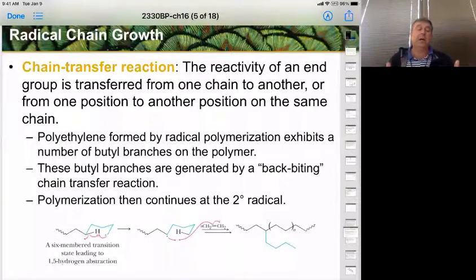All right, questions on the chain transfer reaction? Okay. The driving force is to make a more stable radical, and that tail hanging off the polymer makes the polymer less dense.